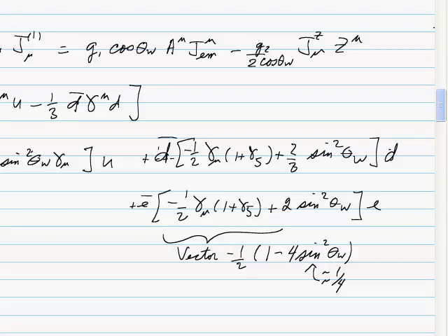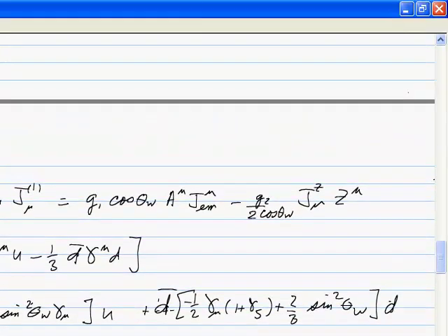So the weak vector current for the electron is almost a cancellation, which is good news and bad news. It's bad news if you try to measure it, because it's small. But the good news is that when you do measure it, you get a very accurate measure of the Weinberg angle.